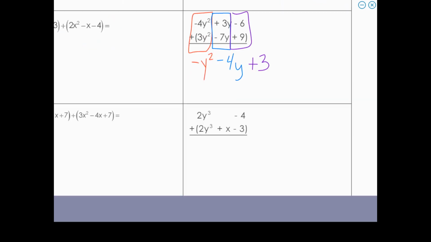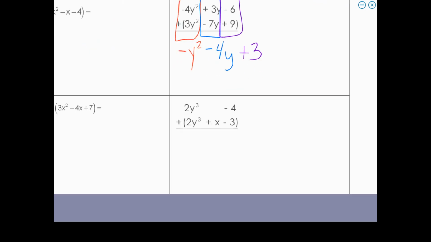Okay. So now look at this one right here. Why is there a blank here? Because there wasn't an x. There wasn't another x term in this polynomial. So a blank was left so that all of my ones that did match could be lined up.